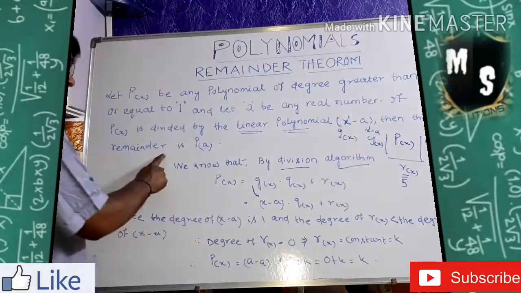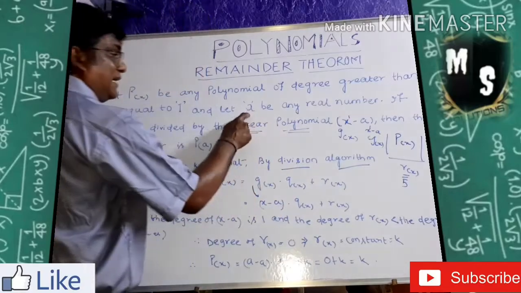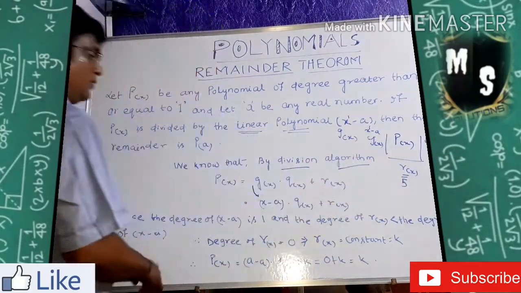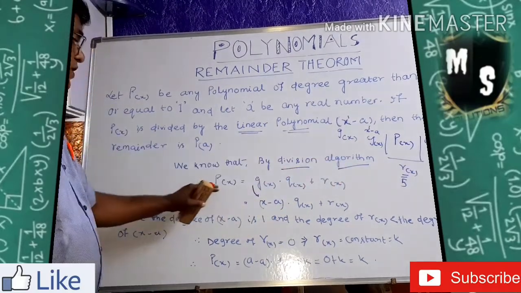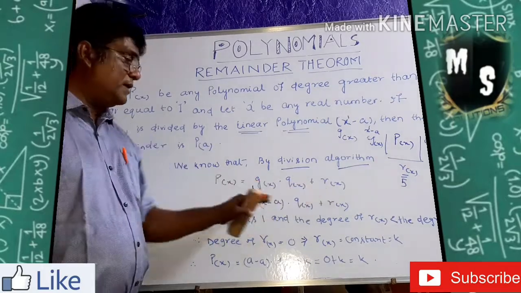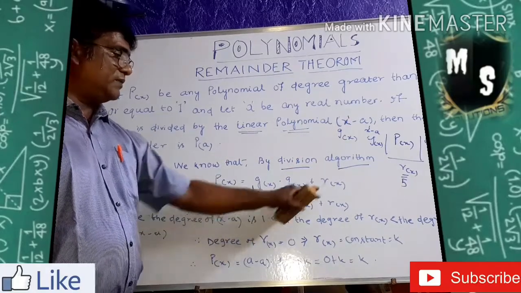Then the remainder is the polynomial in a. That means this a real number must be the remainder here. Clear? So now we know that by division algorithm, p(x) equals divisor into quotient plus remainder. g(x) is given here, x minus a. I put x minus a into q(x) plus r(x).